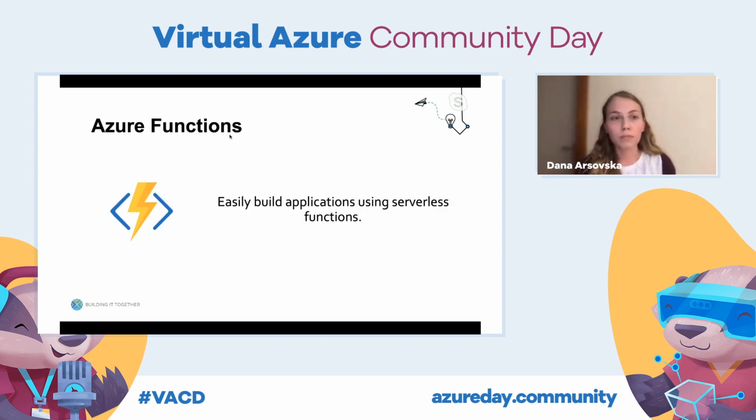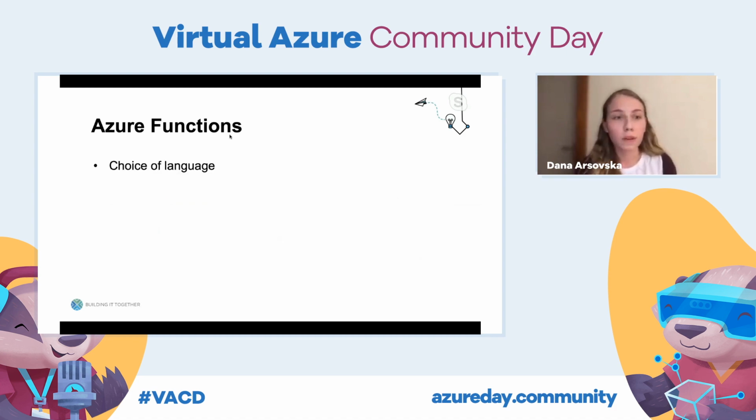So what we can sum up from all of this is that Azure Functions provide a really easy way to build applications using serverless functions. And we can manage our applications instead of our infrastructure and spend more productive time as developers. Azure Functions offer a choice of language, so we can use different kinds of languages like Python, JavaScript, etc. As I mentioned previously, they follow the pay-per-use pricing model.